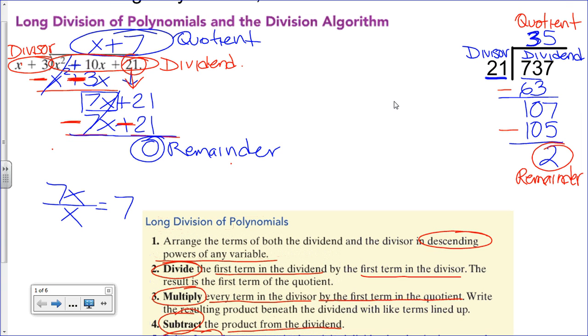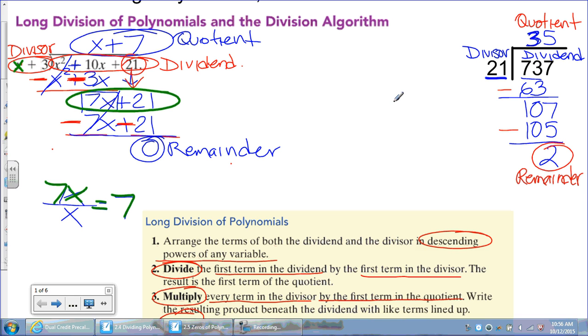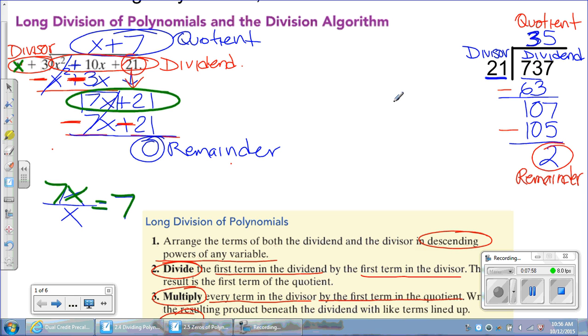So what we mean by use that new expression as the dividend, that's what we did here with 7x over 21, and we divided 7x over x. Okay, so if you guys want to take a minute to look at it, let me know if you have a question.